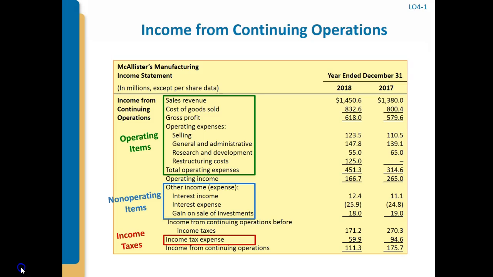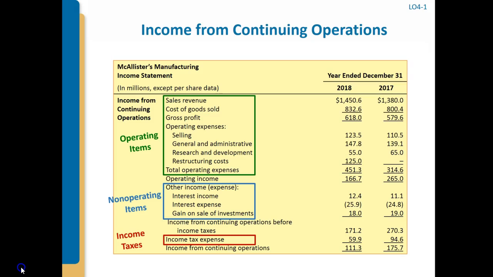In contrast, income from discontinued operations won't continue into the future. The main three components of income from continuing operations are operating income, non-operating income, and income tax expense.